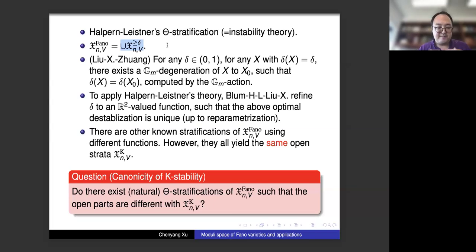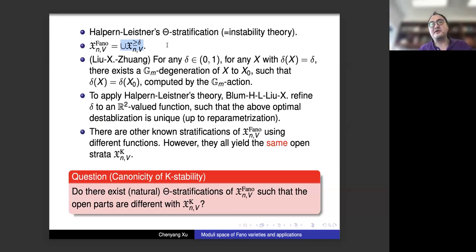However, I don't have a way to describe what the canonicity here means, so I leave it as a question. Do there exist other theta stratifications of Fano varieties, such that the open parts are different from the K-semistable one? I would say I 99% believe the answer is no, but I don't have a proof, and there is still a 1% chance that there may be some other theory.